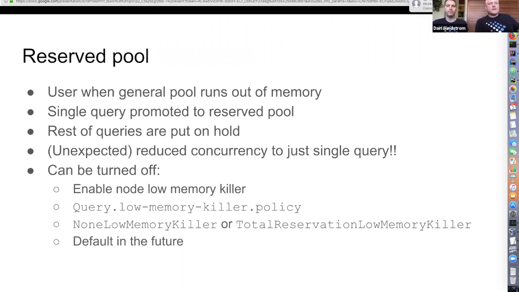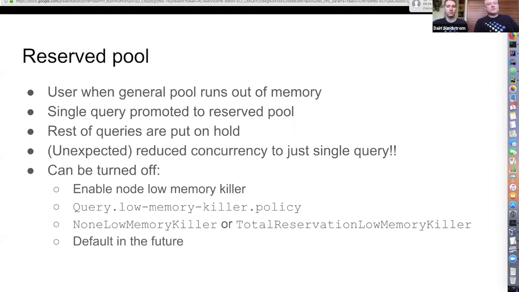Correct. The reserve pool avoids a weird deadlock where, let's say you only had 2 nodes: one query uses all the memory on node A, another query uses all the memory on node B, and then they both are asking for a tiny bit of memory on the other one, and so you end up in a deadlock.